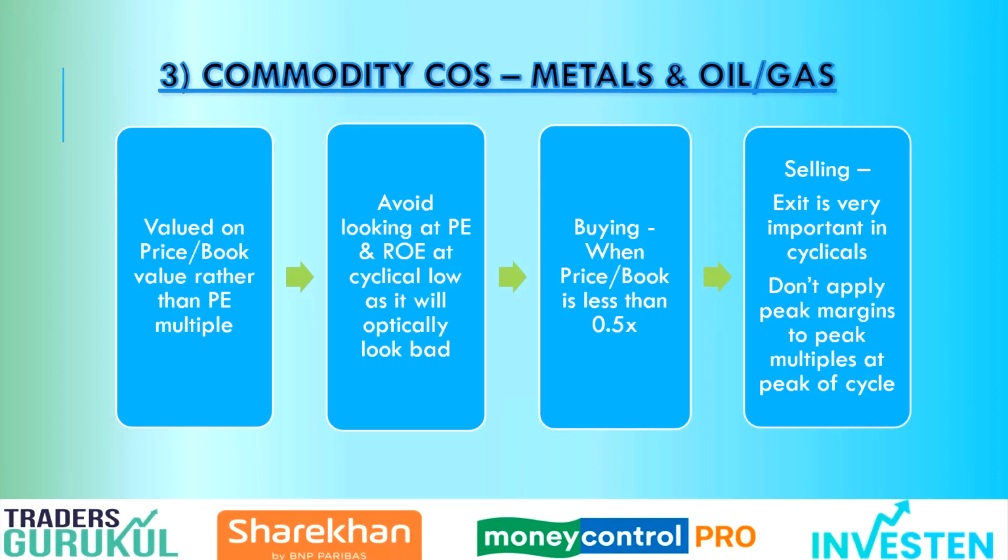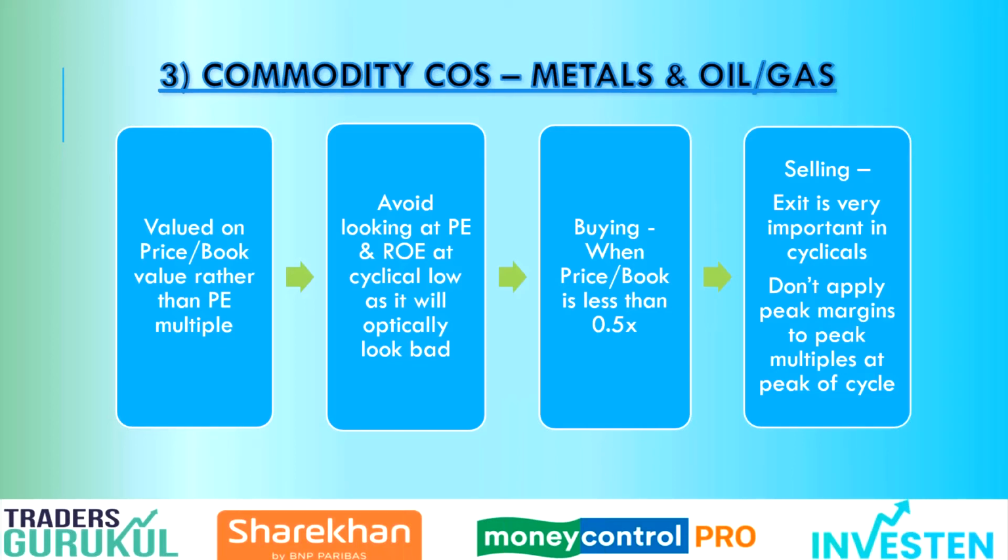If an investor were to look at the earnings or ROE at a cyclical low point or a cyclical high point, it would give a misleading picture. So now, how do we buy and how do we sell commodity companies? Commodity companies are always bought asset cheap and always sold earnings cheap. I'll explain what I mean by this.